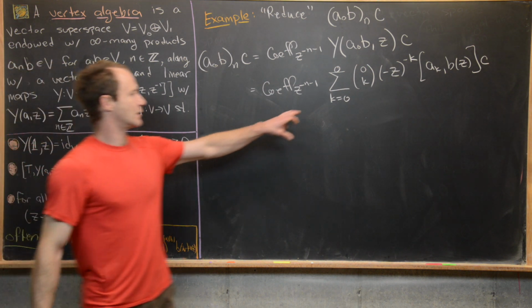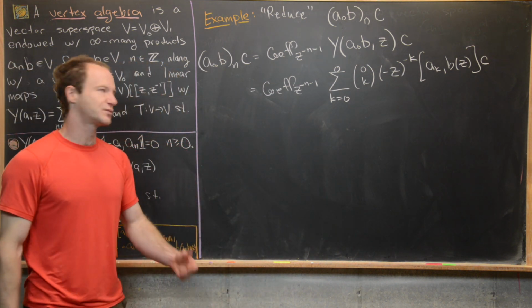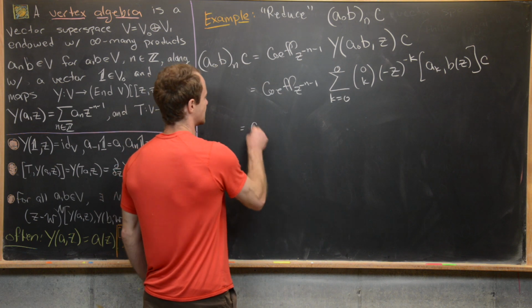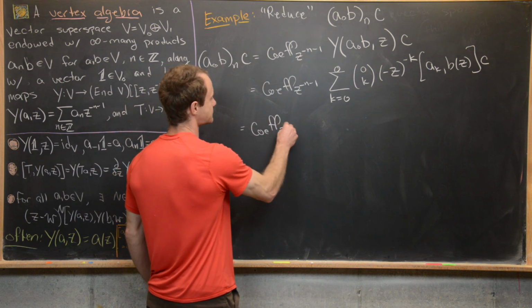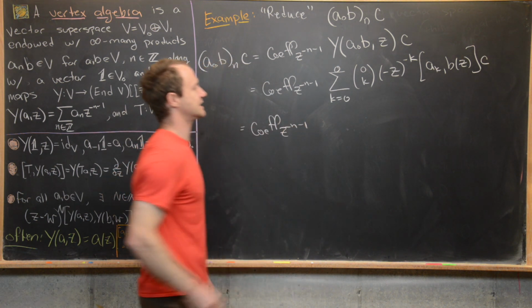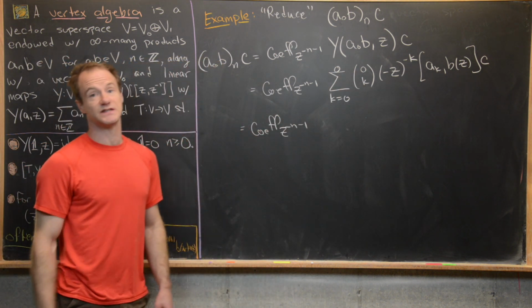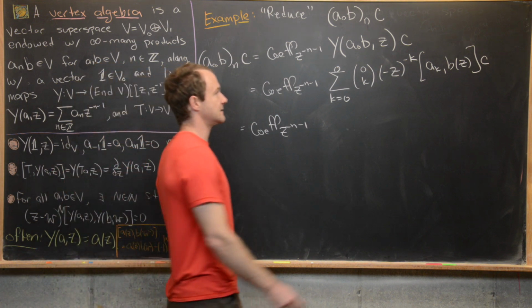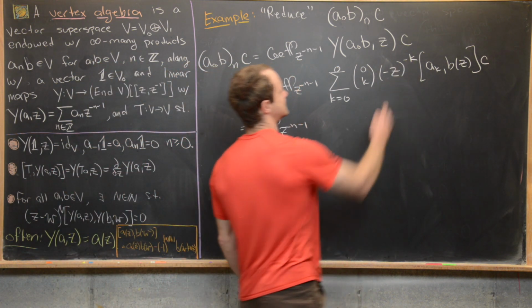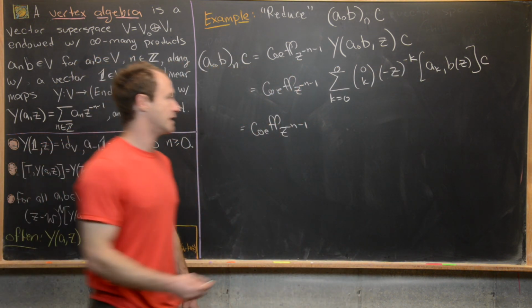Okay, so let's see what we get. We only have a one-term sum here, so this is pretty easy to write down. This is going to be the coefficient z minus n minus 1. We'll just take k equal to 0. So 0 choose 0 is 1. That's easy. And then we've got minus z to the 0 is just 1.